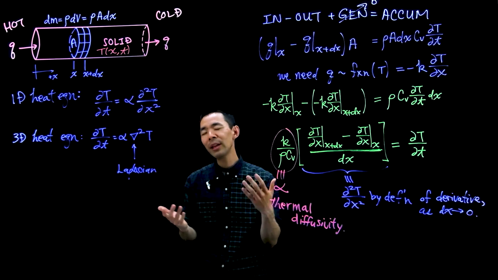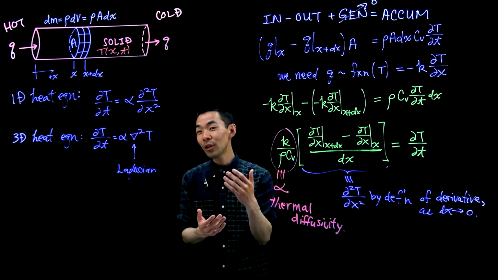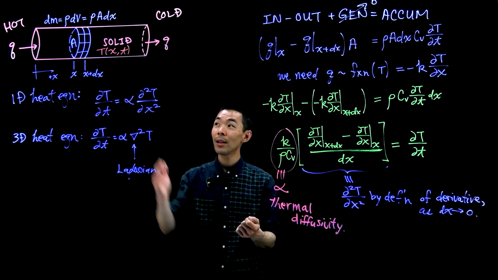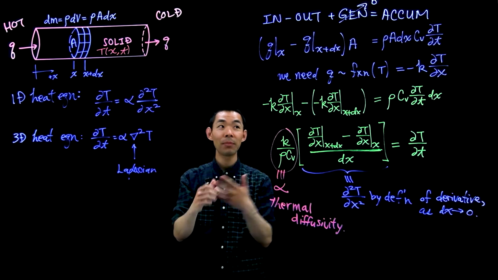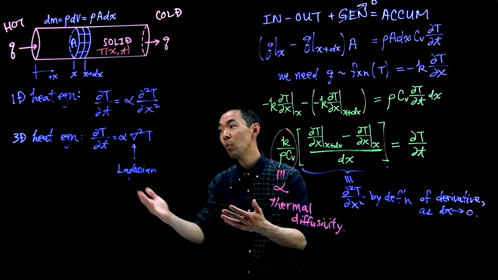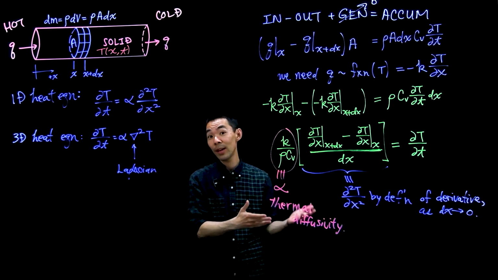Now, of course, we don't live in a 1D world, we live in a 3-dimensional world. So it turns out one could repeat the exact same calculation in 3D, not just over one direction, but over x, y, and z, using the exact same argument. And you will come up with the 3-dimensional version of the derivation we just made.